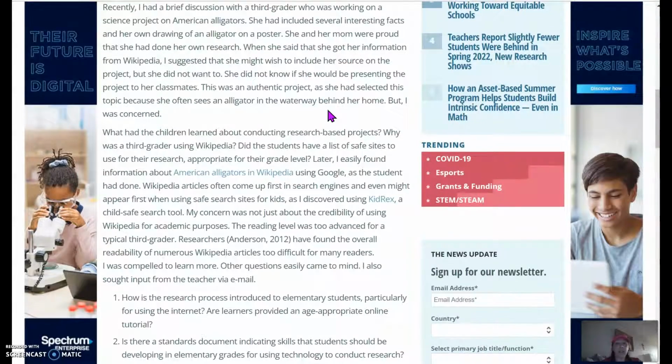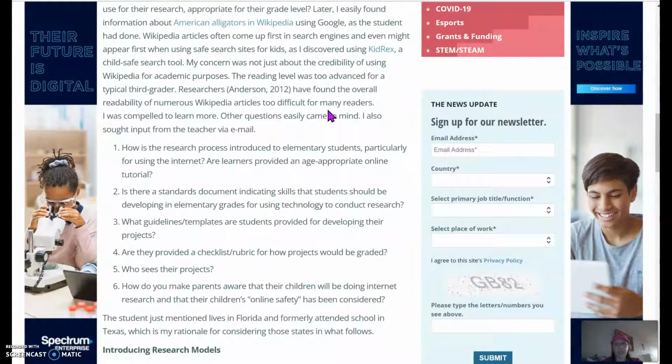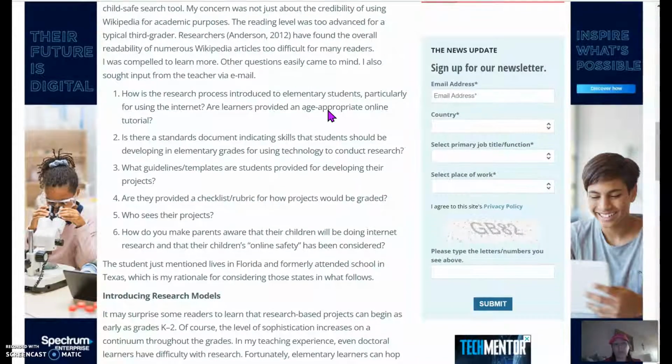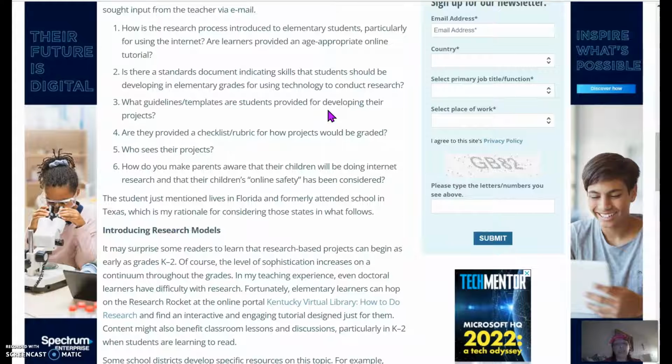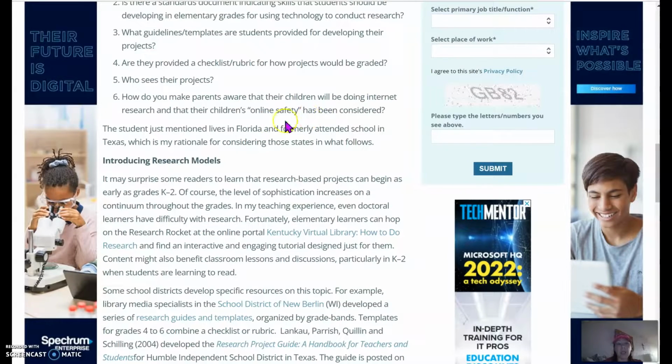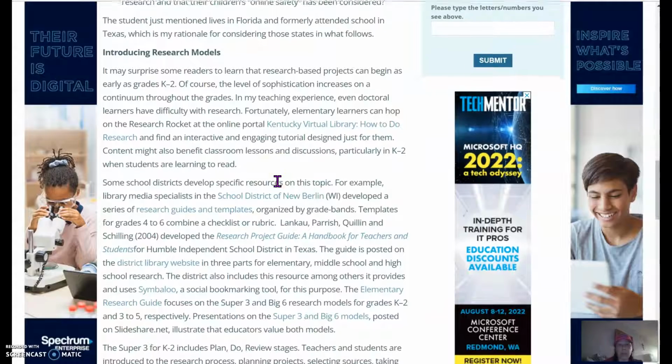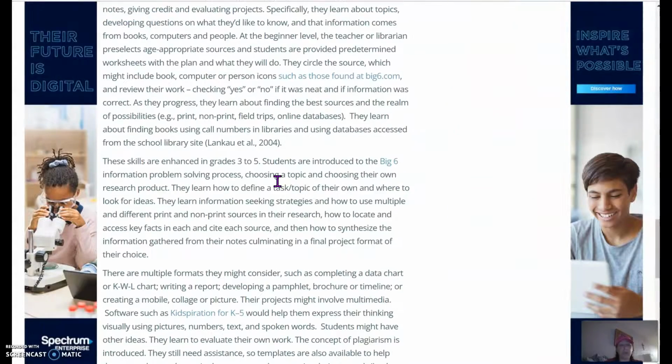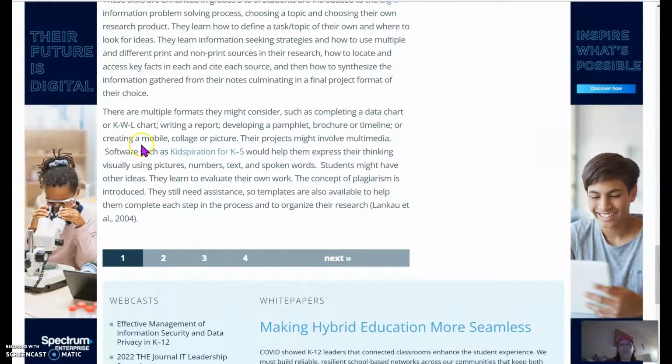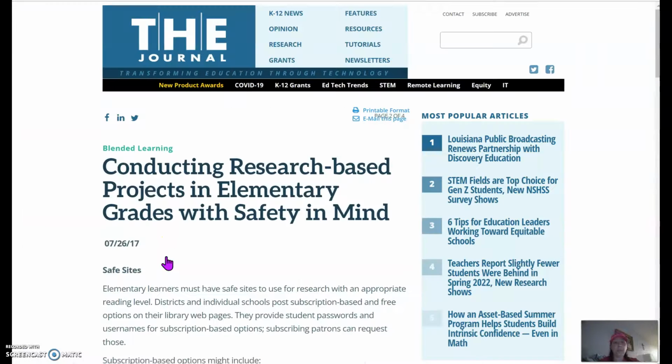I like that it really breaks down what you should look for in a research project for students, starting with introducing research models, like just showing the students what type of models there are, even breaking down to something basic like a KWL chart for starting research.